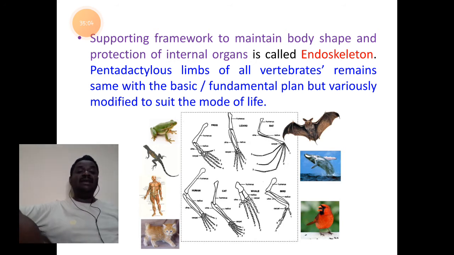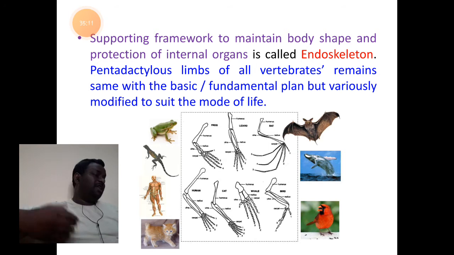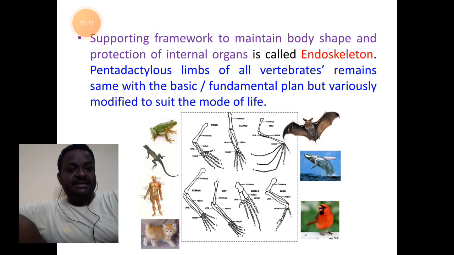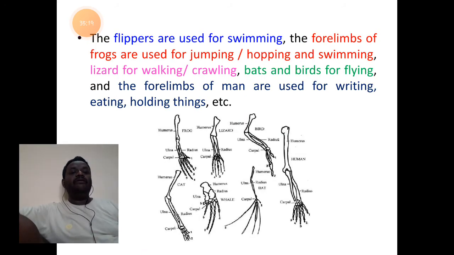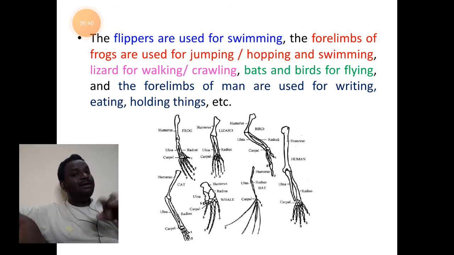But where is the variation? Modification is to suit the mode of life they live in. If there is a change in the character, it forms a different species of organism. When you look at the flippers used for swimming in whales or dolphins, here we don't have a Piscean representation, but a mammalian representation.